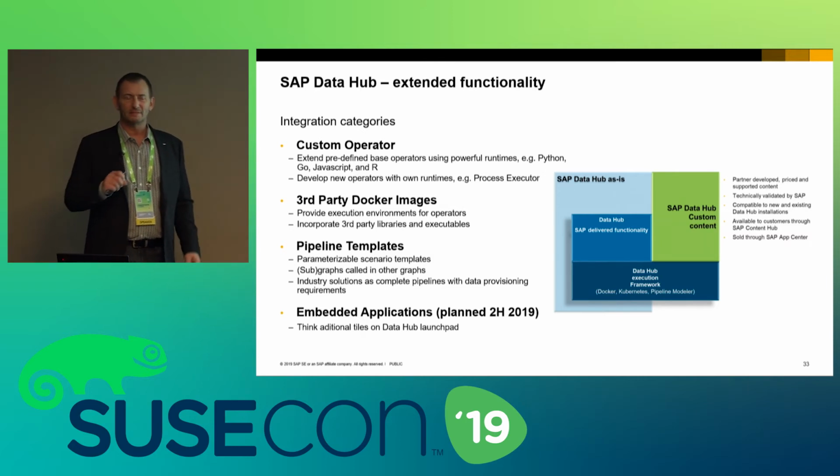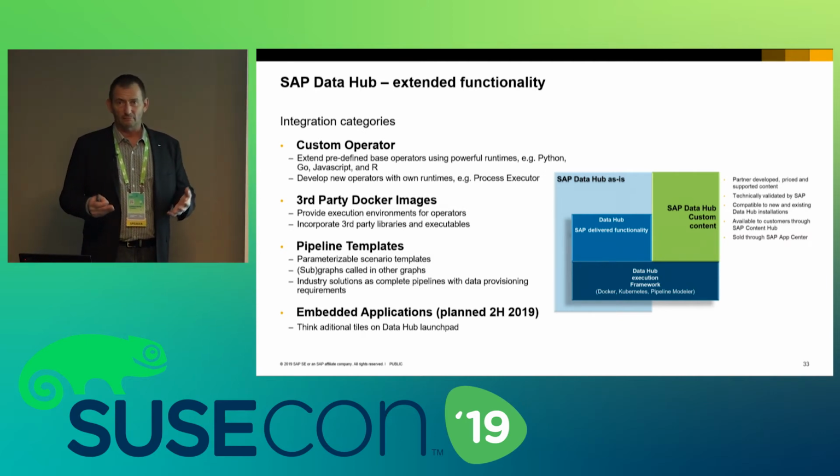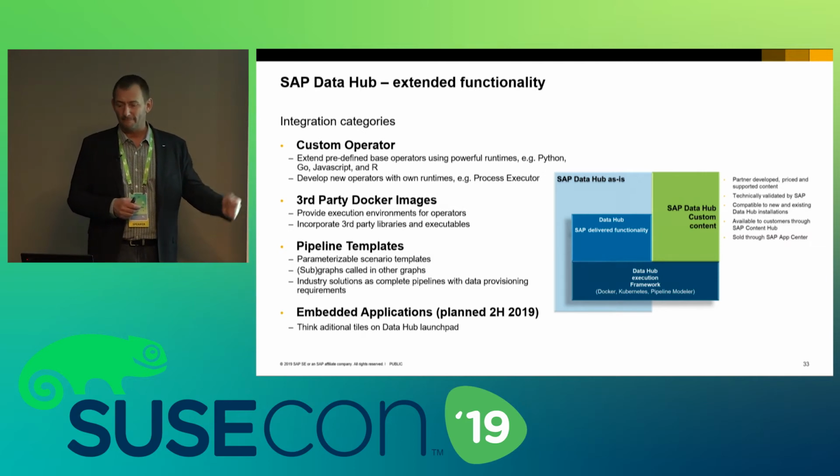But these can be templates that provide functionality for certain use cases, like a customer 360, for example, for telco, or could be a preventive maintenance for machine learning capability in manufacturing.